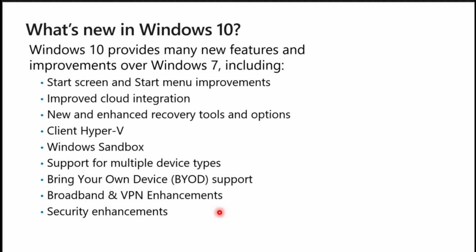If someone is a home user, they don't use these services, but in the industry, we need many of these things. For example, client Hyper-V. Virtualization is very important, and we use Hyper-V a lot. And these days, many people are using Hyper-V. Sandbox is also a very good feature.